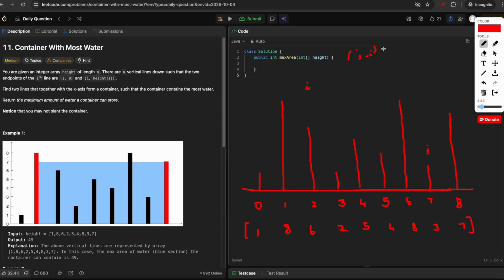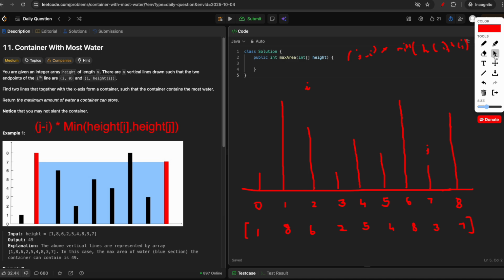So the width is this, and the height is min of h[i] and h[j]. Let me write it here. If we have two lines i and j, then the amount of water it can hold is (j minus i) into the minimum of height of i, height of j.